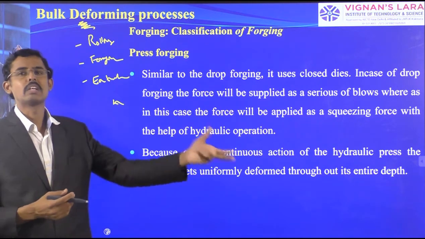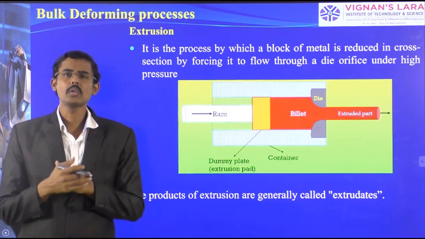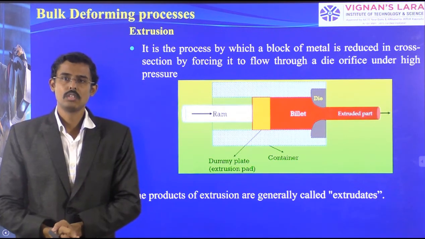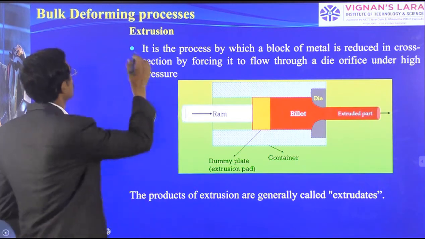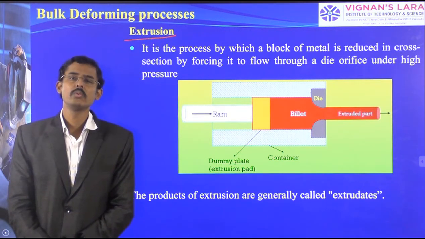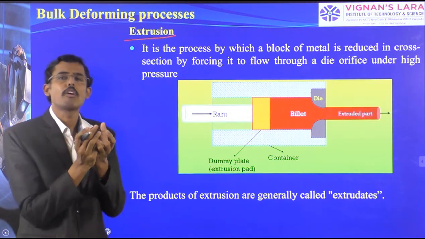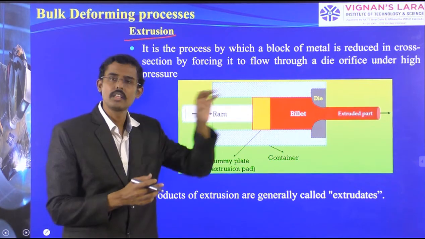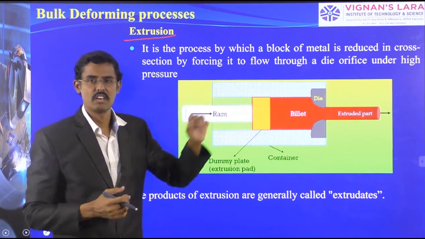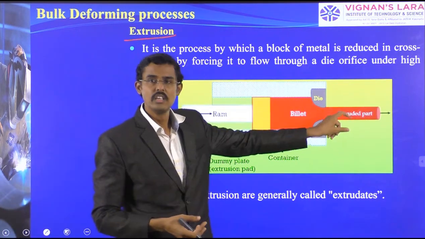Now we will continue with the remaining part. Now I am coming to the next bulk deformation process, the extrusion method. What is extrusion going to do? As usual, we put a material, maybe hot metal, inside the container and press it. When the pressing action is done, it is extruded.